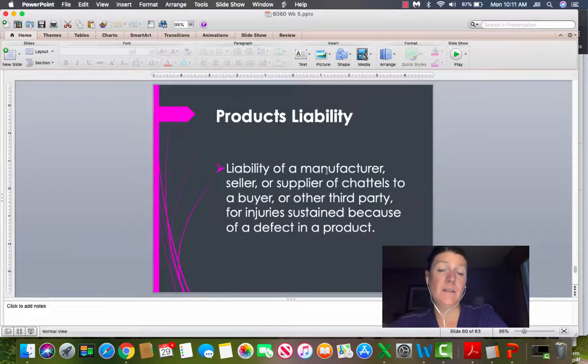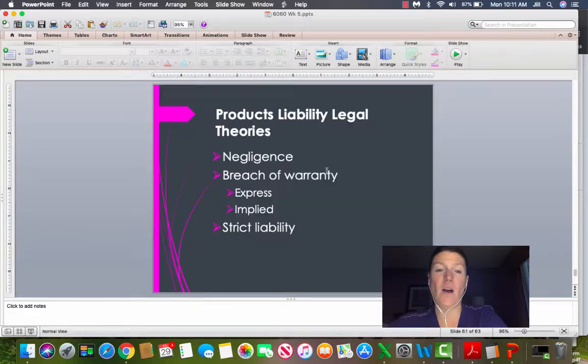Product liability is another tort that we deal with in the healthcare setting. If you work for a medical device manufacturer or a pharmaceutical company, you may end up in a product liability case where there were injuries sustained because of a defect in a product. Quite some time ago, Medtronic had some problems with some of their pacemakers.